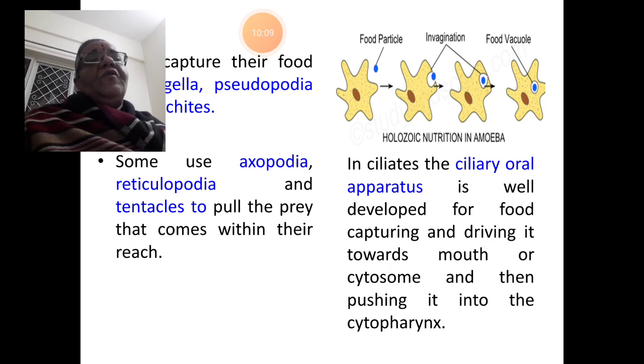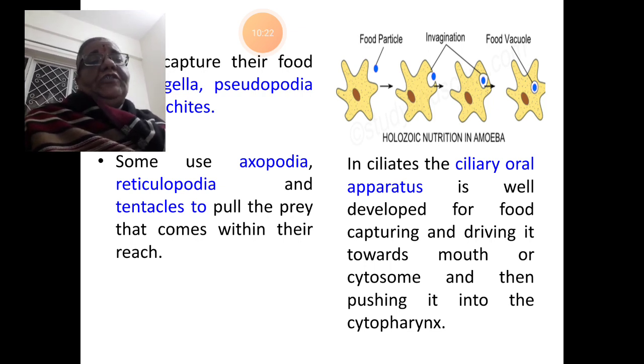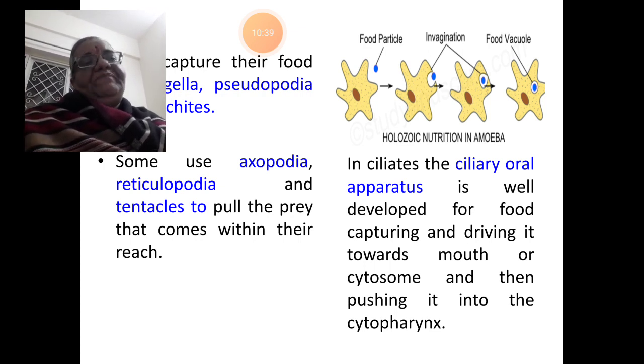So the ciliary oral apparatus is very well developed for capturing the food and driving it towards the mouth or cytosome and then pushing it into the cytopharynx, the pharyngeal region in the cell. Okay, the pharynx of a cell is the cytopharynx. So in ciliates, a special ciliary oral apparatus is developed for this purpose.